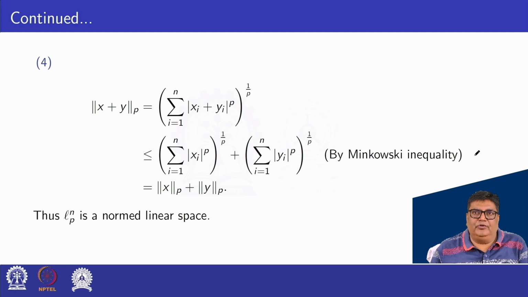So using Minkowski inequality, this is less than or equal to (summation i = 1 to n |xi|^p)^(1/p) plus (summation i = 1 to n |yi|^p)^(1/p). That is ||x|| plus ||y||. Hence ||x plus y|| is less than or equal to ||x|| plus ||y||. Thus, Lpn is a normed linear space.